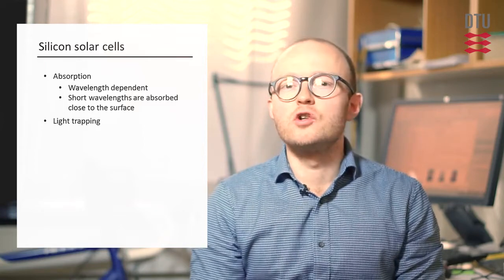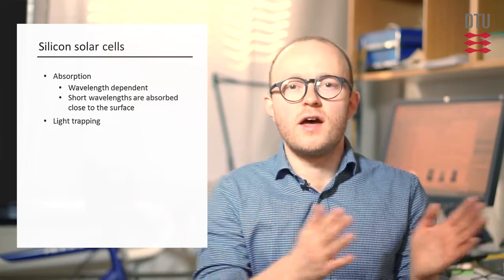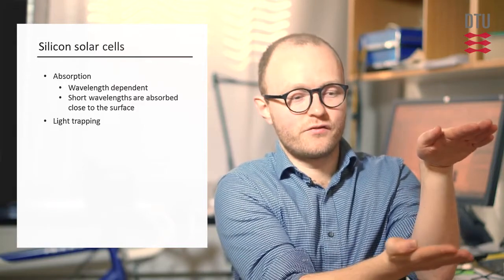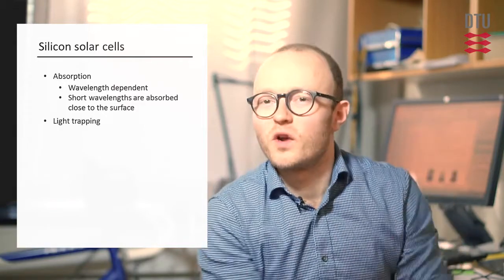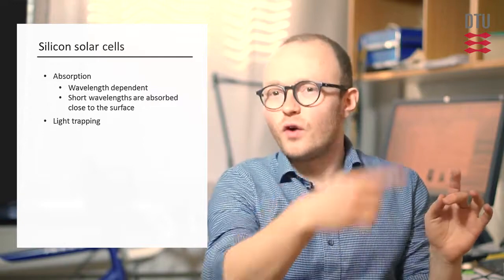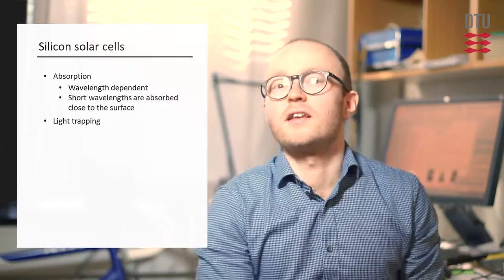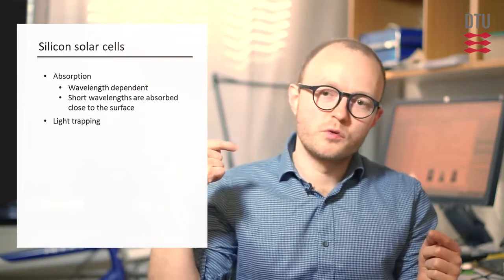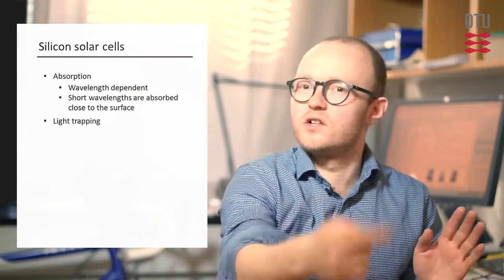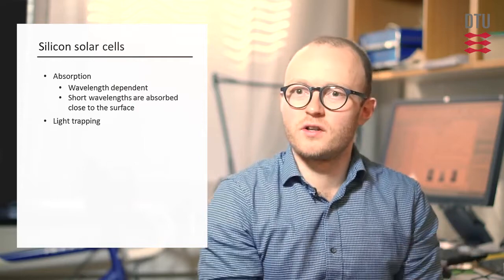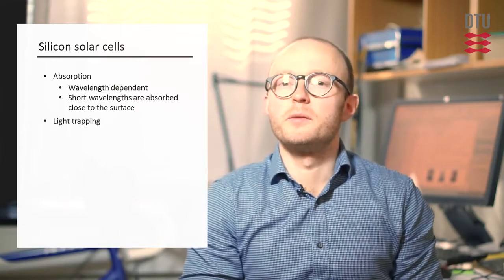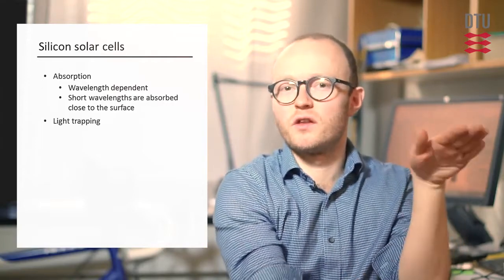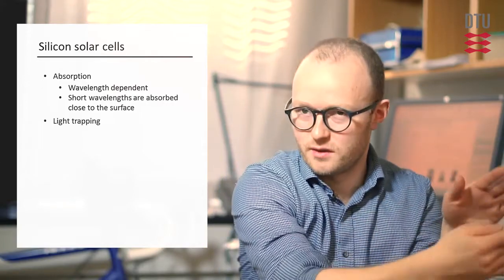So we basically ensure that the photons that are not absorbed within an absorption length equivalent to the thickness of the wafer bounce back and forth a couple of times until they are absorbed. In order to ensure this, we need the photons to be reflected back when they reach the back surface of the solar cell, and preferably reflected back and forth between the rear and the top surface within the bulk of the material until they are absorbed.